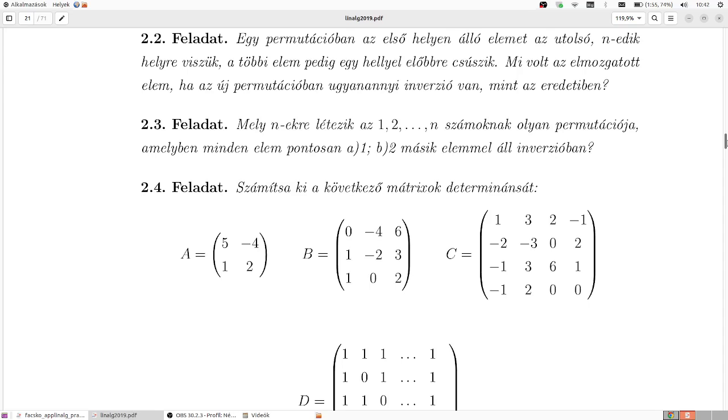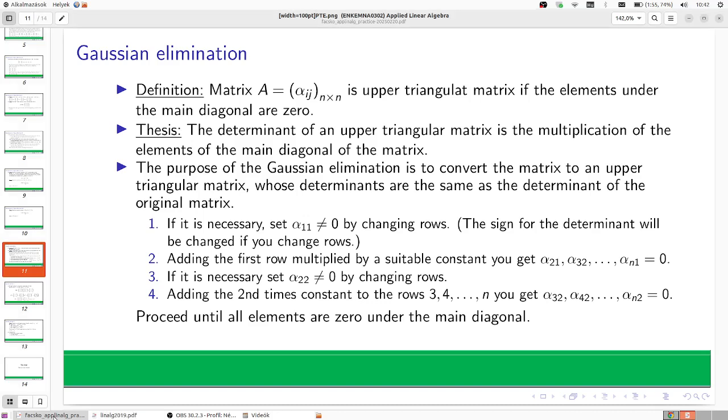First step. Now we can start the Gauss elimination for a very simple reason. This is 0, and this is not the desired format.